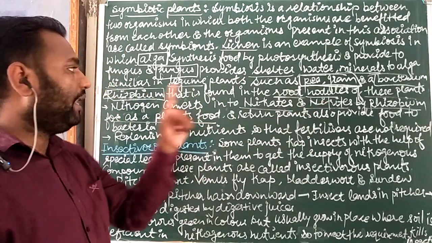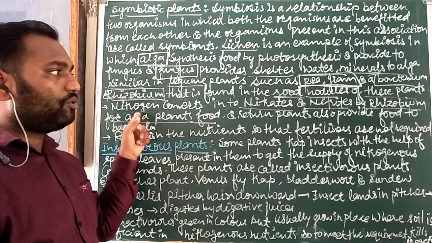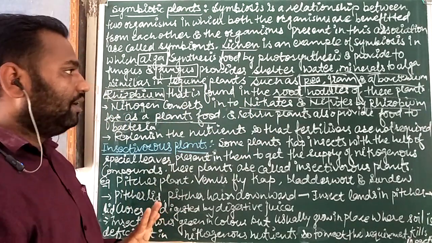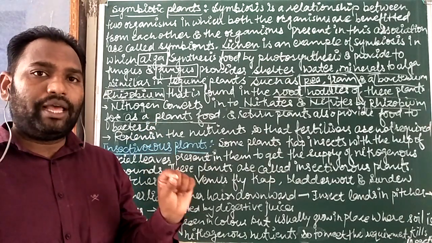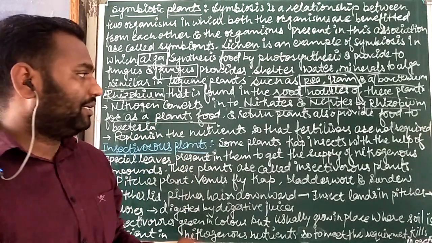Rhizobium bacteria can convert this nitrogen into nitrates and nitrites as food for the plant.